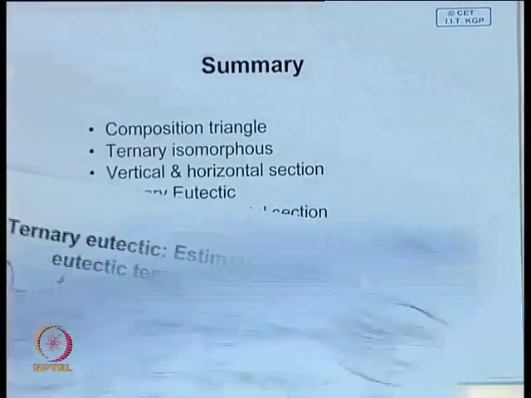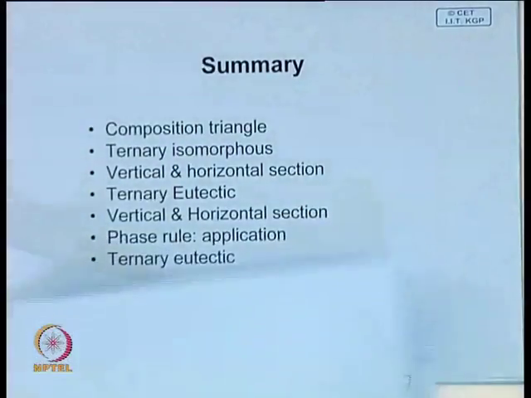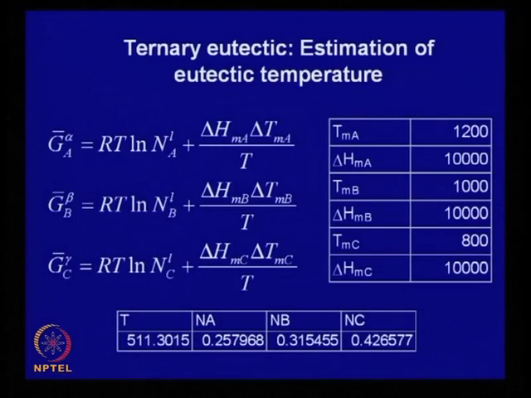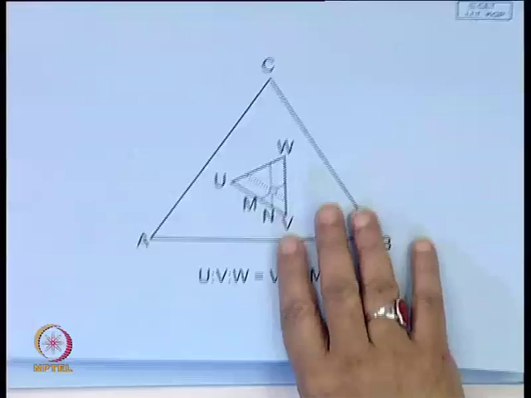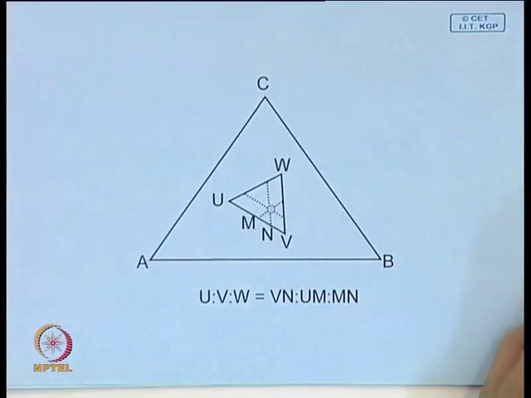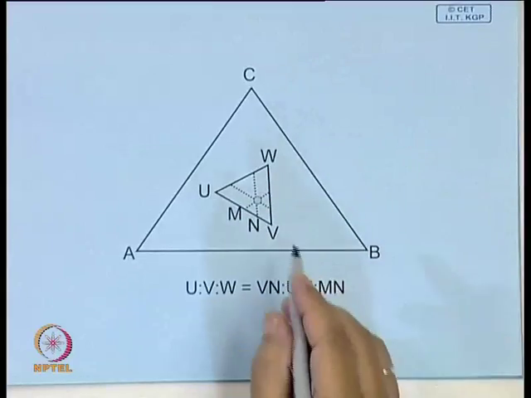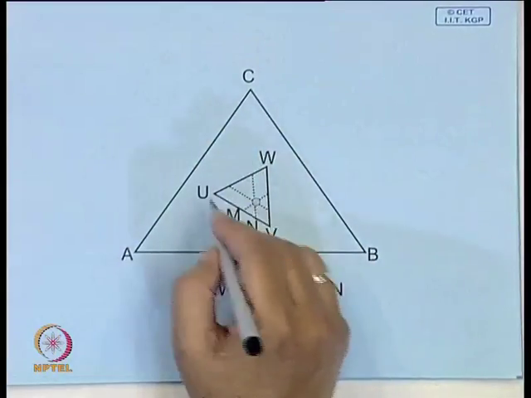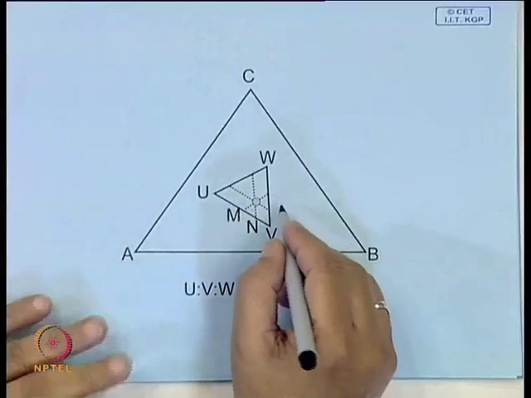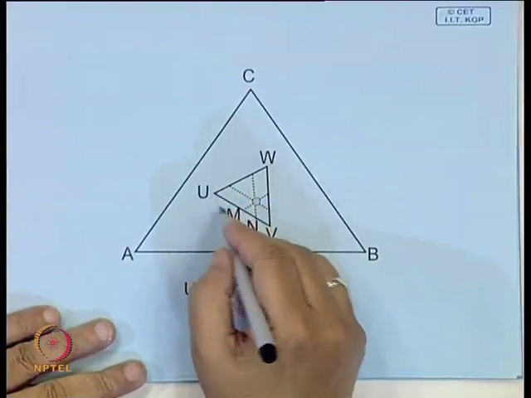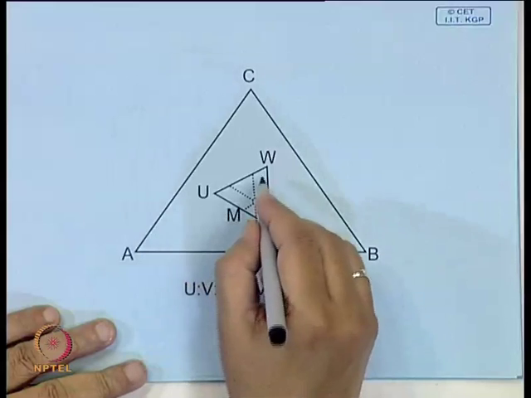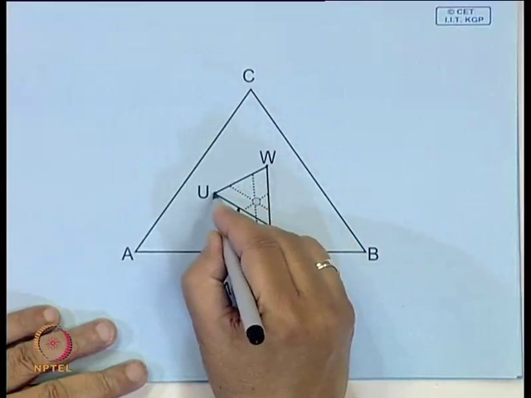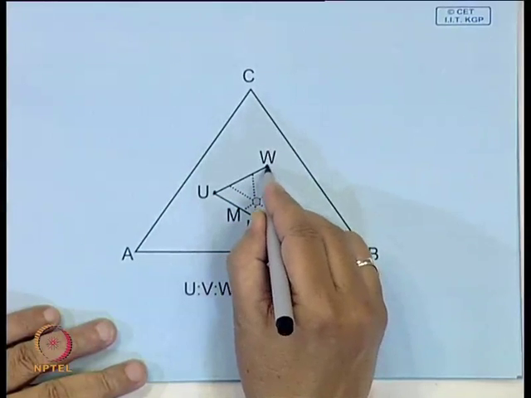Now, one point here: in a ternary diagram or in a multi-component system, you often may have to apply a material balance where 3 phases, or multiple phases, are coexisting.